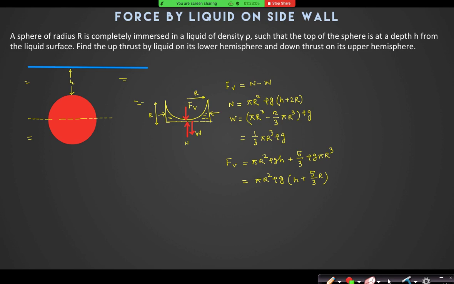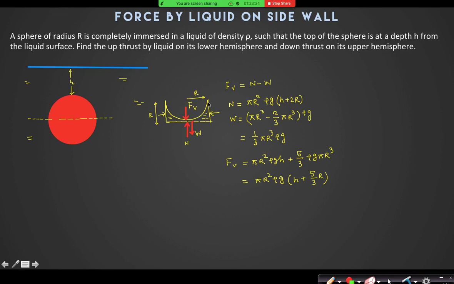Won't the weight be 4 r cube minus 2 by 3 pi r cube into rho g? Why I have taken the volume of this cylinder minus volume of the hemisphere. So what is volume of the cylinder? Is it pi r square into h? Pi r square into 2r?